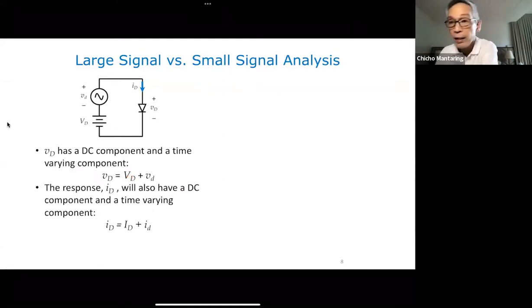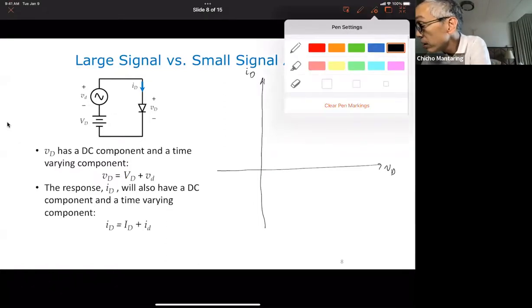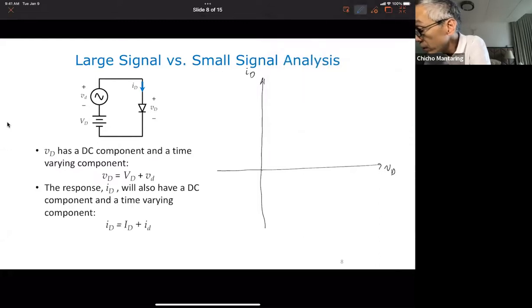So if I take a look at the diode characteristic curve, let me draw it here. We know that this is exponential in nature. This is I sub D versus V sub D. Let me use a different color. So this is going to be my diode characteristic curve.